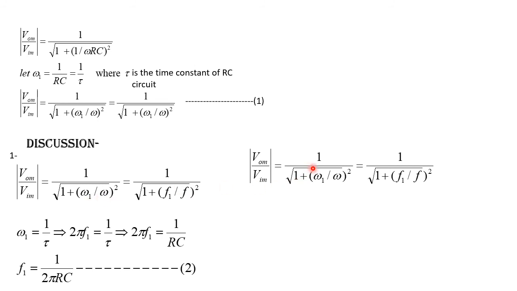Hence we have obtained the expression for VOM upon VIM as 1 upon under root 1 plus f1 upon f whole square, where f is the frequency of the input signal that can be varied, and f1 is a constant quantity equal to 1 upon 2 pi RC, where R is the resistance used in the circuit and C is the capacitance of the capacitor of the RC circuit.